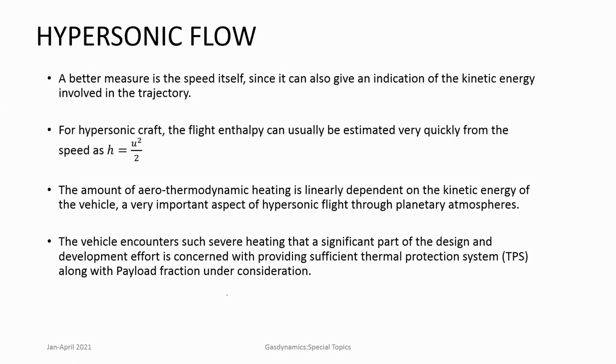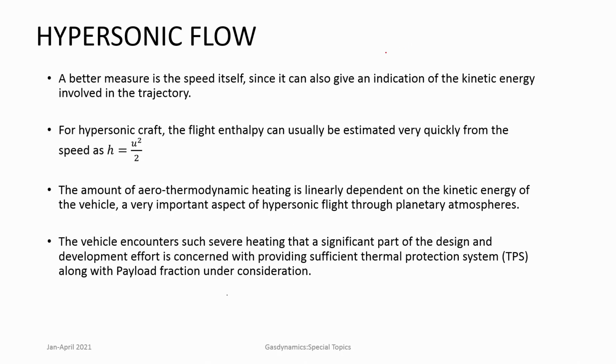Now, in that case, if such a flow which has very high kinetic energy is made to slow down, which will happen when a body enters atmosphere at very high Mach numbers, then on the surface of the body the flow has to match the body's velocities, or it has to come to a relative stop at the body, or it has to come to stagnation.